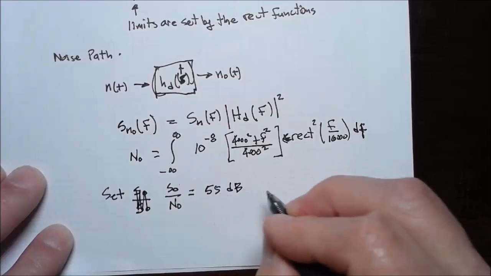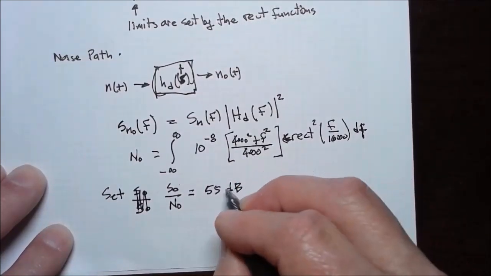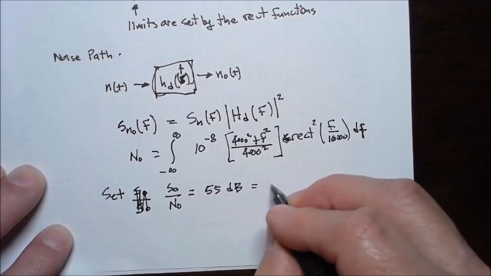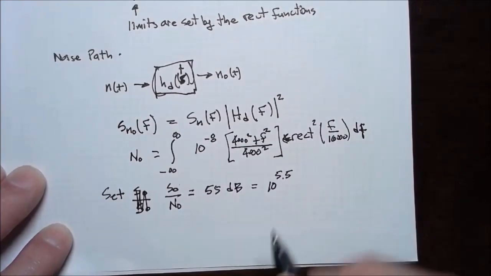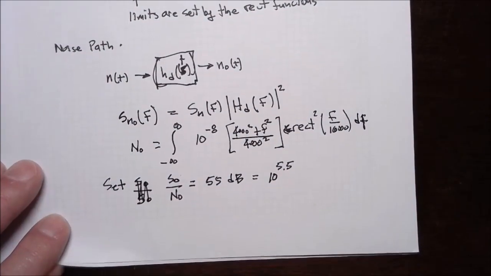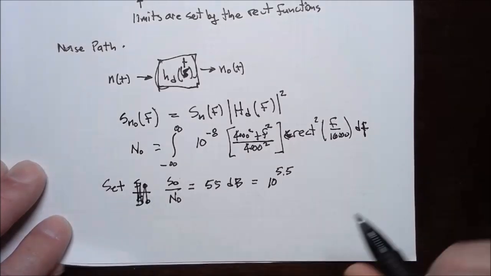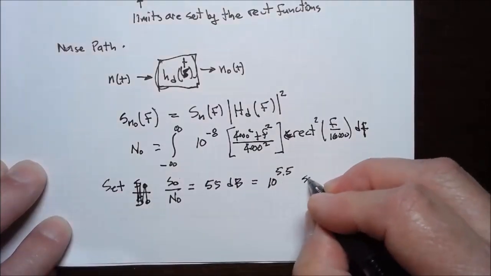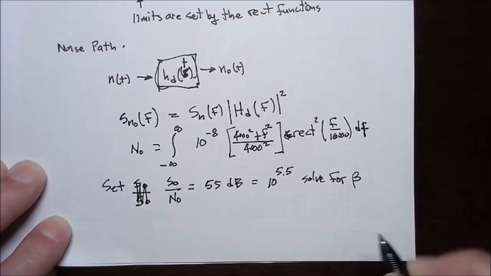So this would be equal to 10 to the power 5.5, 55 decibels. I believe that's right. You can work that out. And then solve for the corresponding value of beta.